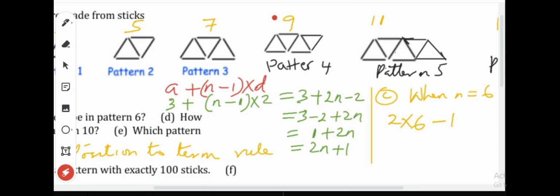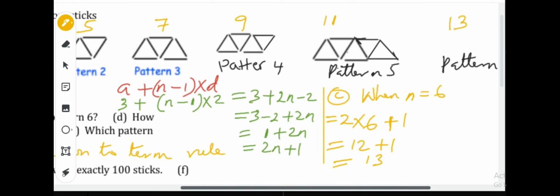And 2 times 6 is 12, plus 1, which gives us 13. Exactly what we got.